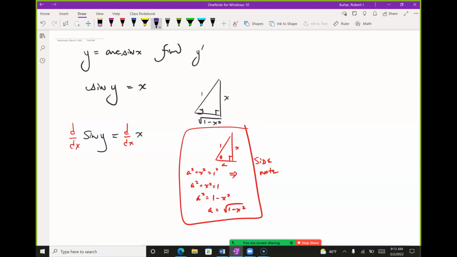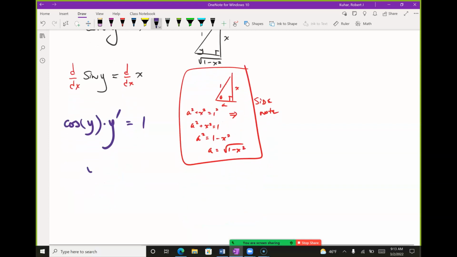All right, the derivative of sine is cosine, and we're going to keep the cat in the box, but we're going to multiply it by the derivative of what's in the box, y prime. And on the right side, we get a 1, because the derivative of x is 1. How are we doing?